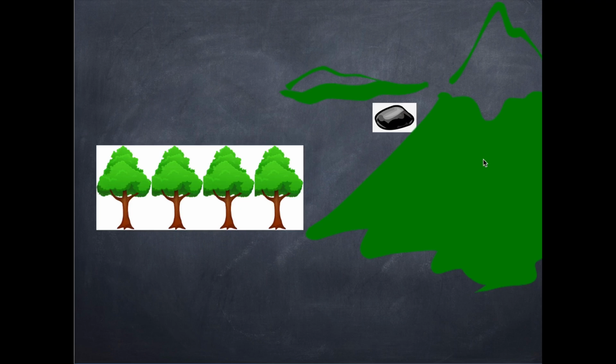So let's say there's a very tall, steep mountain, and mountains are made of rocks, and there's a small rock, and it's rolling down the hill. What kind of impact do you think it's going to have on these trees down below when it hits them? So this is a small rock.